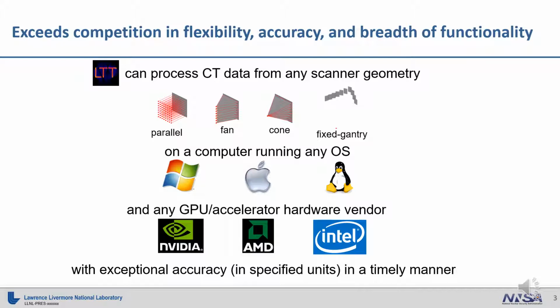And what we mean by exceptional accuracy in specified units is, in the history of CT, it's been more of a qualitative tool, where you'd say, hey, I got an image, the bright spots are denser than the darker spots. So you can only really assess things qualitatively versus what other parts of the images look like. But LTT is unique in that in every stage of the processing, the units are tracked.